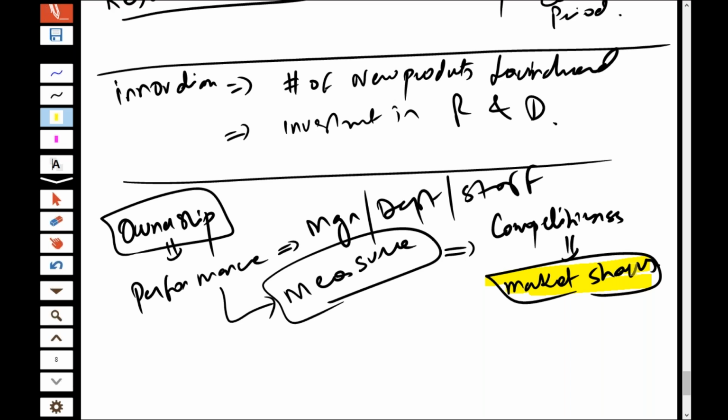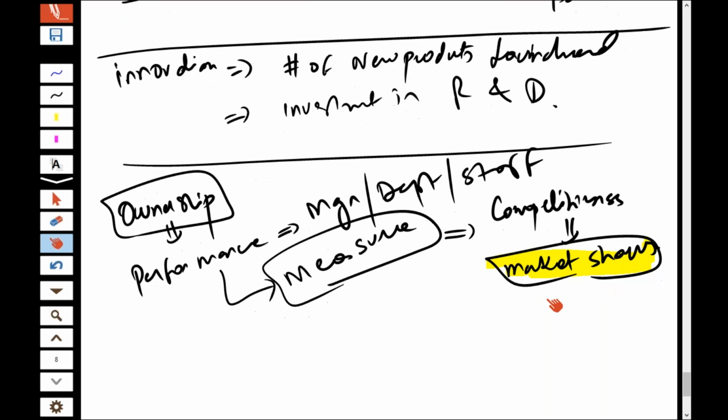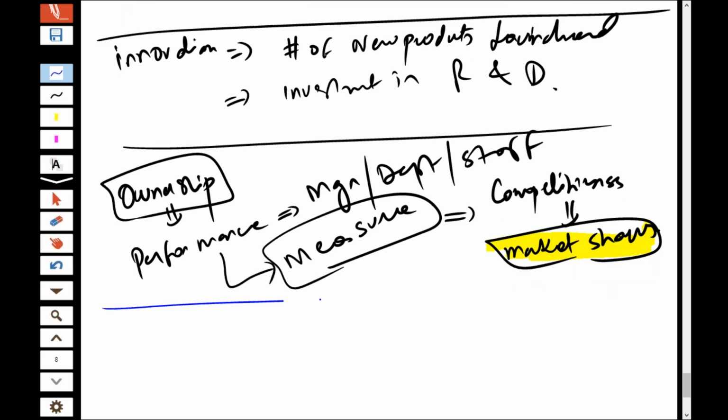This concept of the standard of ownership tells you that the person whose performance you are measuring should own this performance measure, should say, okay, I'm okay with this specific performance measure.